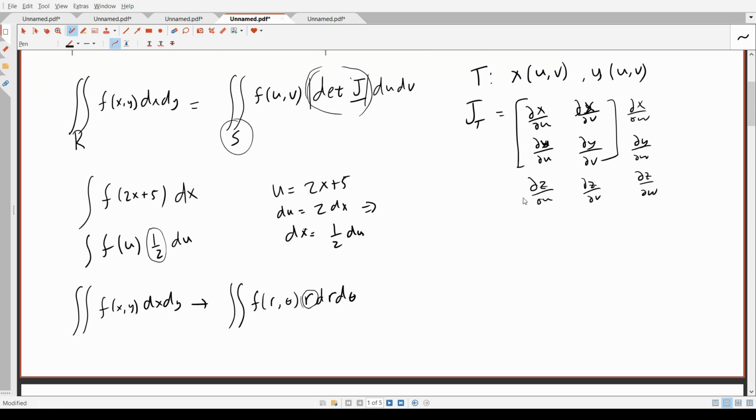Okay, so the way I remember this, notice right here, the top coordinate stays the same along the rows. These are all y's, these are all z's. And then here, the bottom coordinate stays the same along the columns.